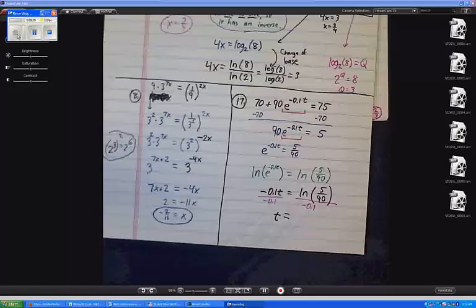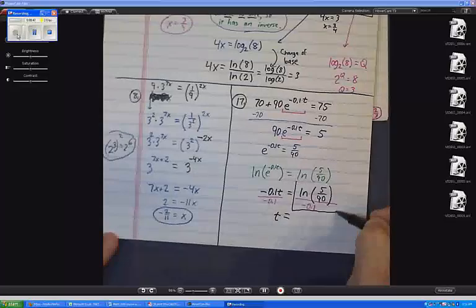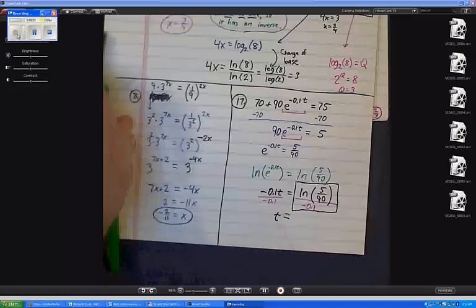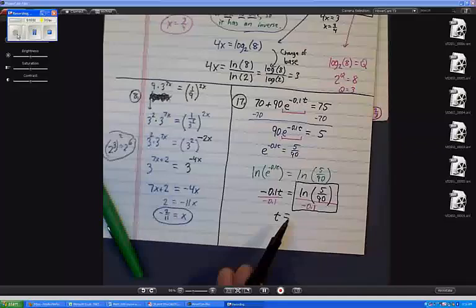That's another way to do it. But either way, this is what I get, this crazy answer right here. Okay? And I'm curious to know, what do they put for an answer to this problem in your book? Because sometimes we'll leave it that way, and then sometimes we'll use a calculator. Okay? My preference is you can learn more sometimes with this.